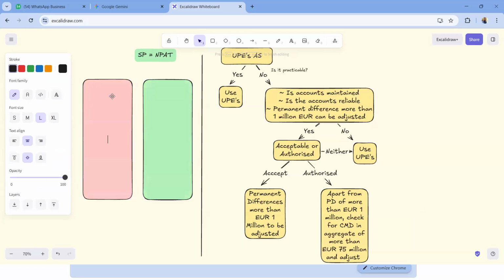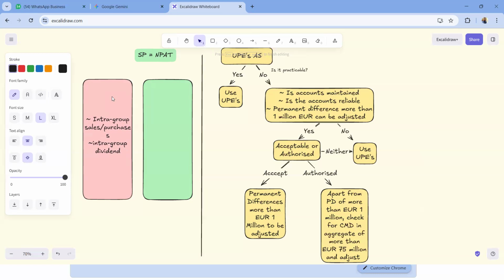Okay. What are the things that you should not adjust? Do not adjust for intra-group sales, purchase, dividend. Okay, dividend would be adjusted later in the computation, if you see.